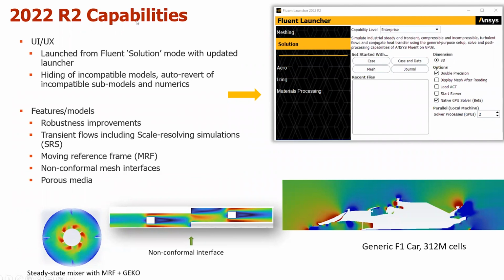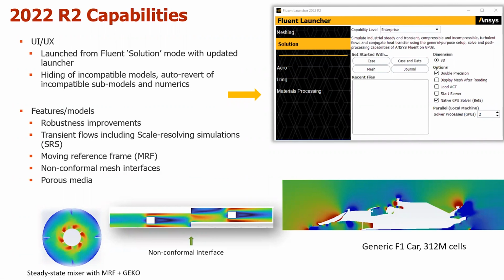In 2022 R2, you can do fully transient flows, including scale-resolving simulations. So that is, again, a significant advantage. You also have some robustness improvements over the 2022 R1 version.